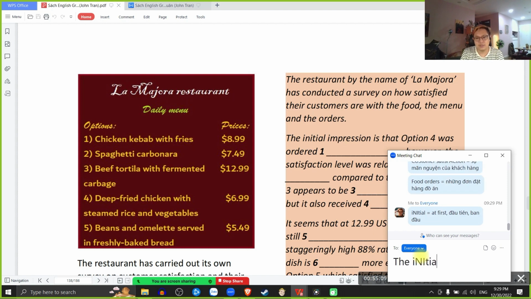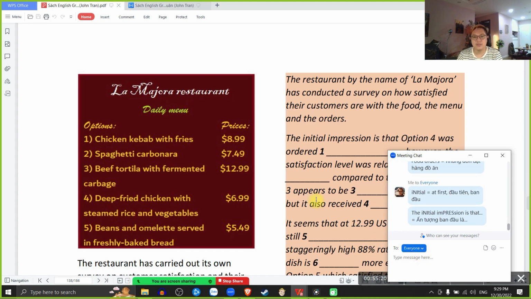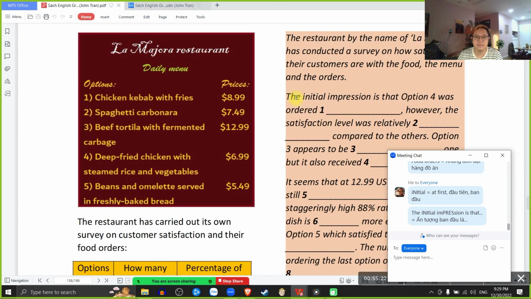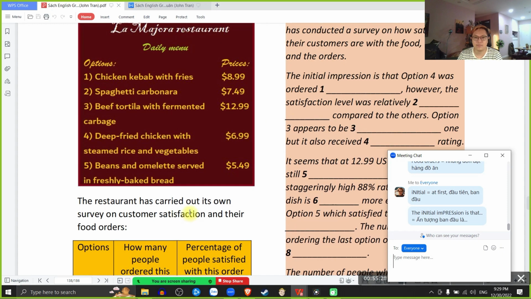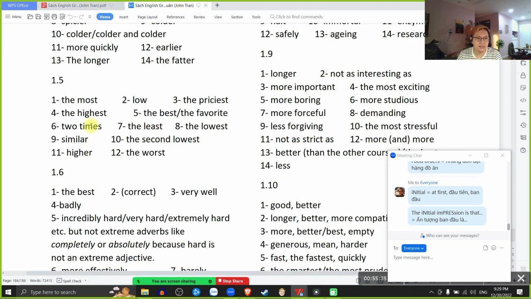The initial impression is that option 4 was ordered the most, 69 times. 69 is the most, yeah. However, the satisfaction level was relatively low.